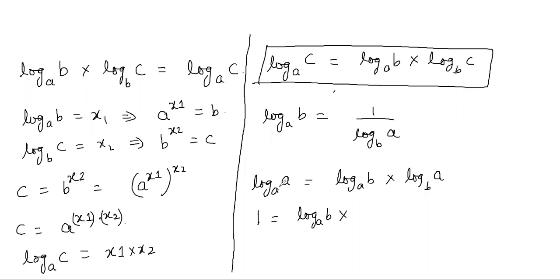Log of a base a. So what I am doing here, I am writing c as a. So a base a will be equal to a base b multiplied by b base a. So a base b into log of b base a. So this means that log of a base b will be equal to 1 upon log of b base a.